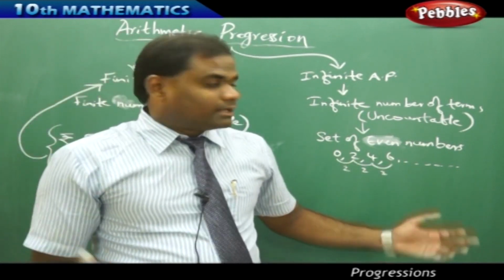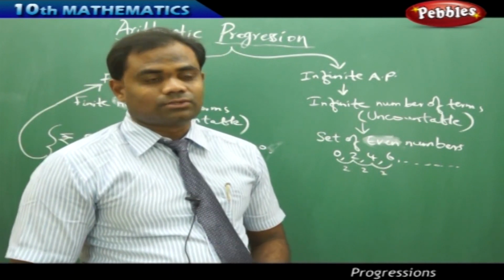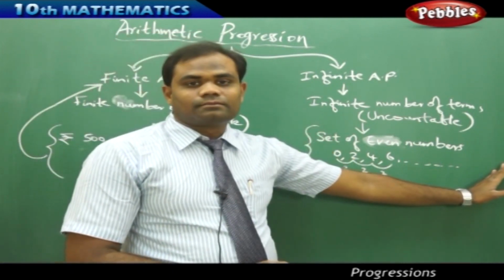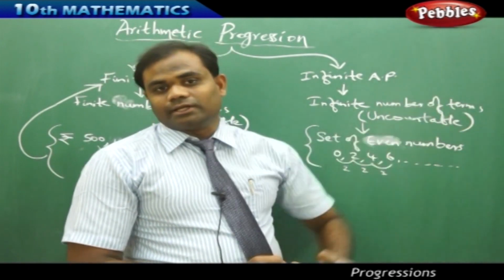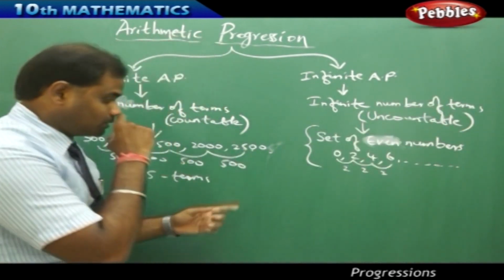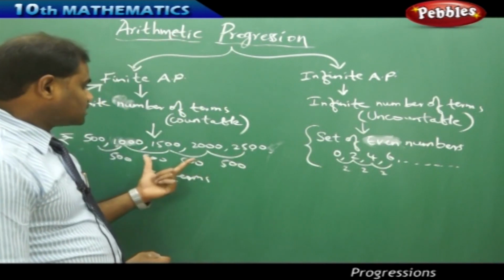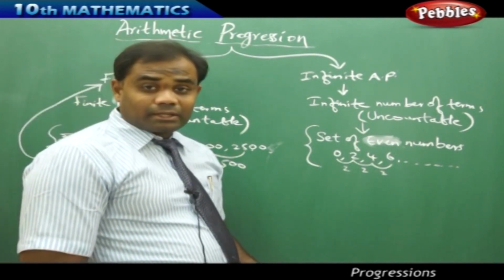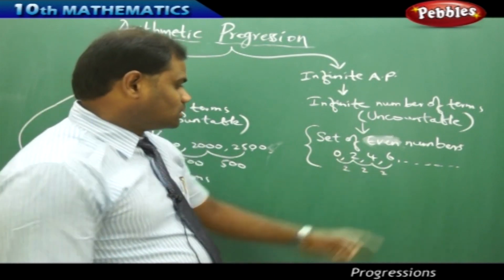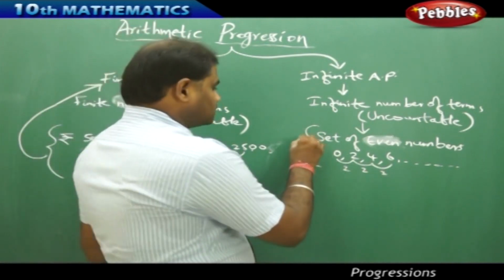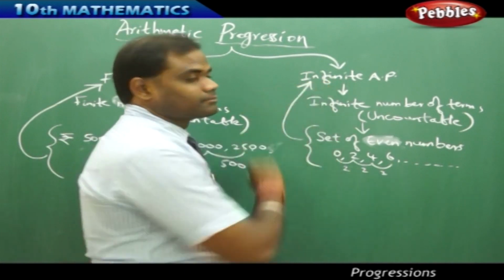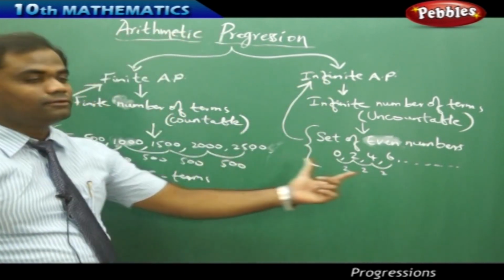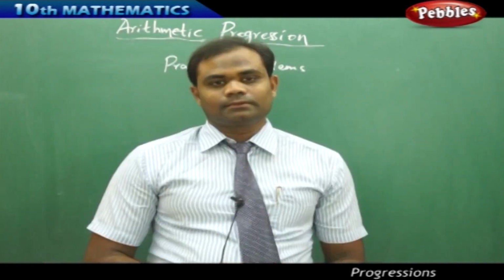There are infinitely many even numbers in mathematics. So this is never ending. It goes on and on till infinity. But the earlier example doesn't go till infinity. Therefore, that is an example of a finite arithmetic progression, and the set of even numbers with the common difference 2 is an infinite arithmetic progression, finite and infinite respectively.